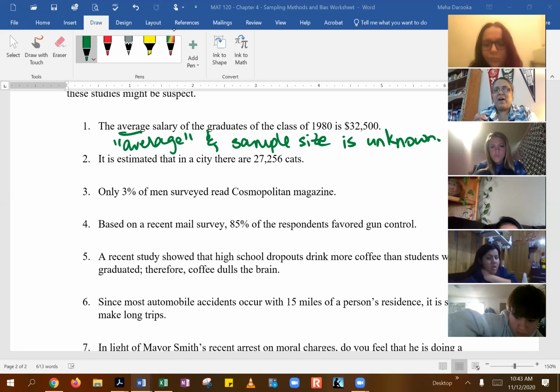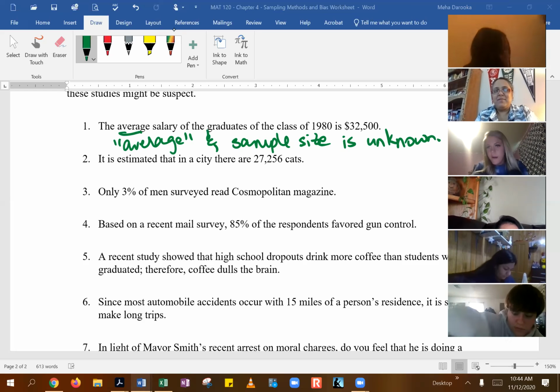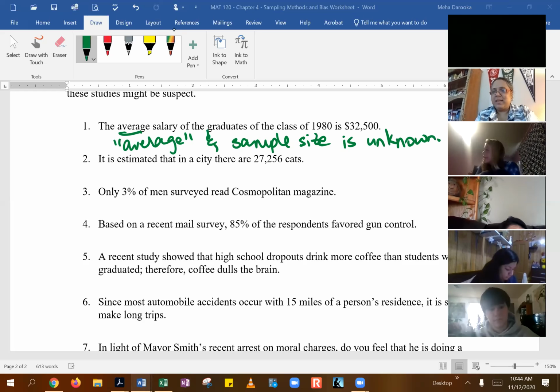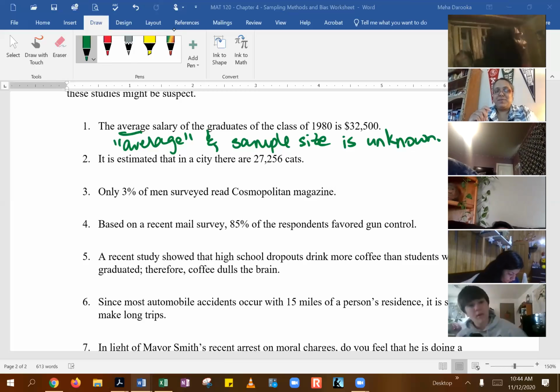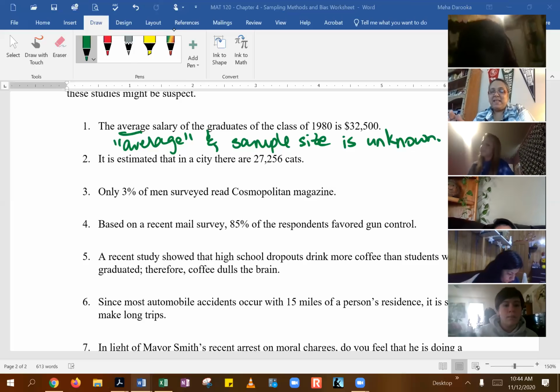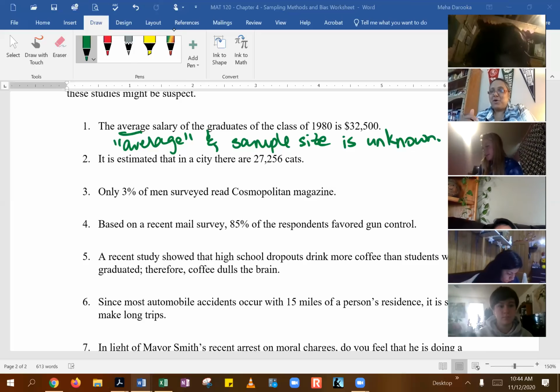Yeah, what kind of cat? Are they talking about pet owners or are they talking about feral cats, right? Because again, they don't tell us, are these cats just roaming the streets in the city? Are they talking in terms of people who own pets that are cats? So again, not enough information.